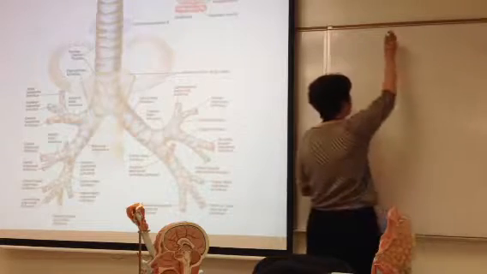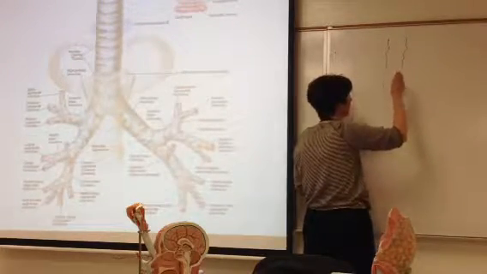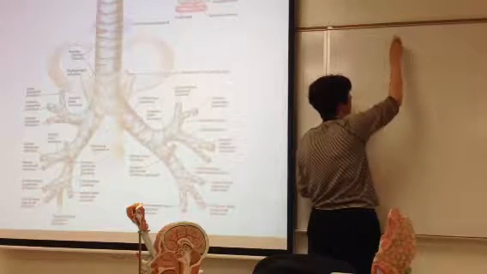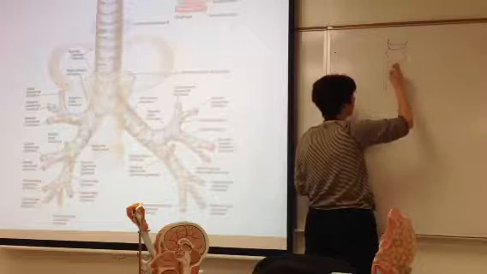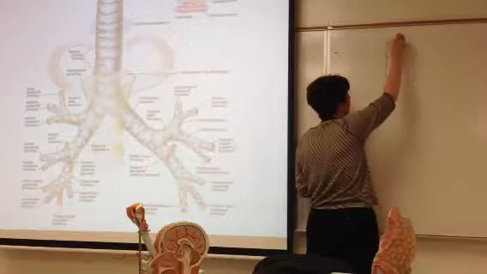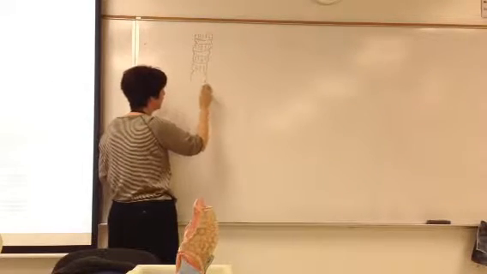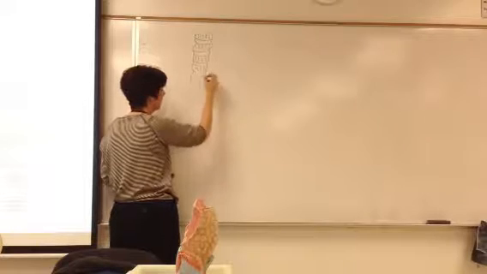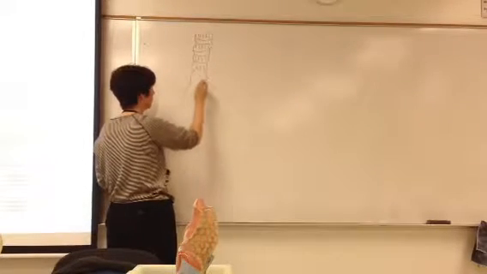So I'm going to diagram just the plan over here of the trachea. If you're showing the cartilaginous rings, and there are ligaments connecting each of these cartilaginous rings. And then the left bronchus and the right bronchus.